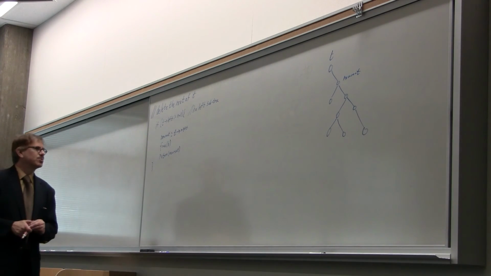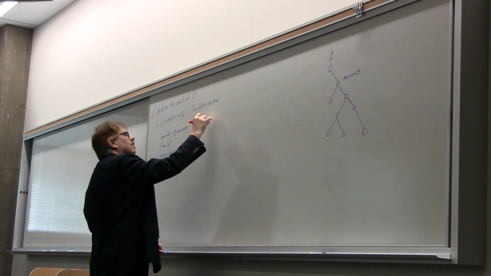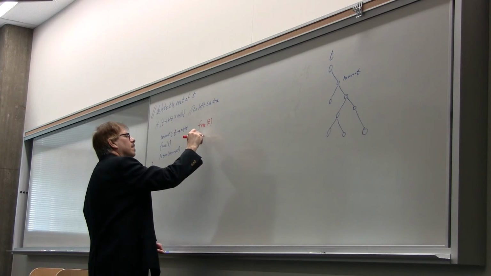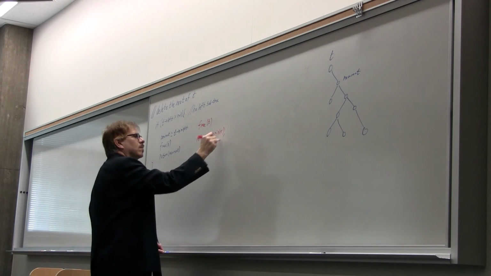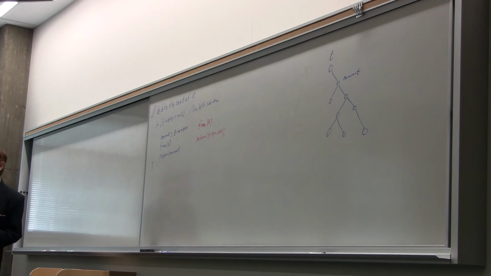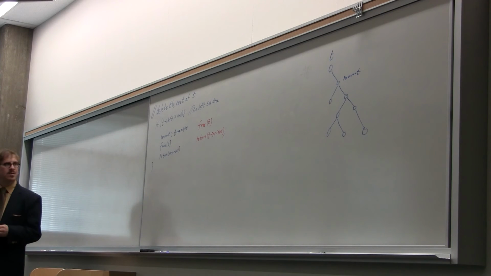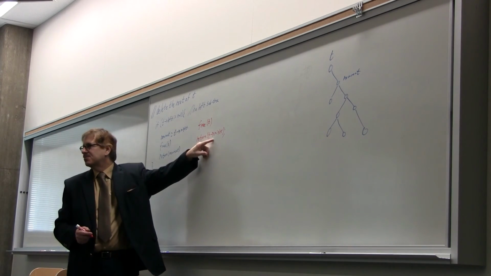Implementation, the order is important. What's wrong with this? Once you free t, you cannot access t arrow right reliably.